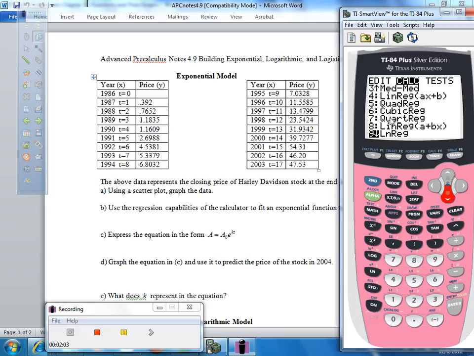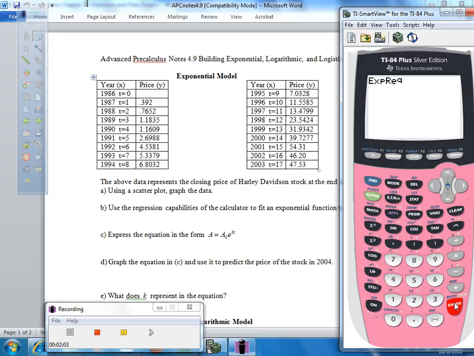This one here is logarithmic, just so you know, because on the test people did the wrong one. Number 8 is logistic, that's the one that speeds up and then slows down. So we want exponential regression. Logarithmic starts fast and then slows down, while exponential starts kind of slow and goes really fast. So I'm going to hit Enter.